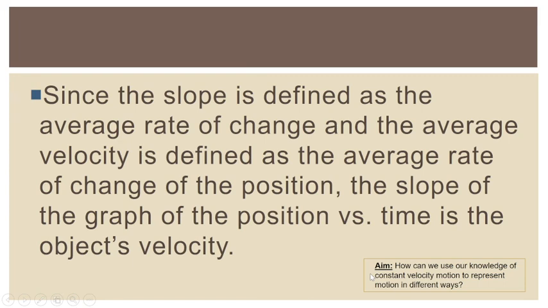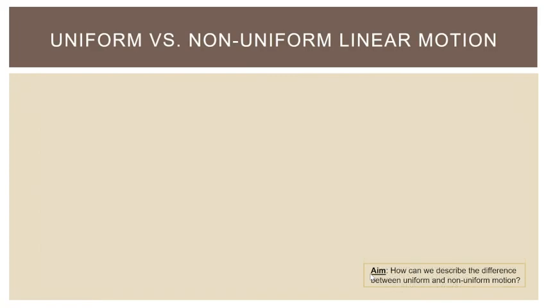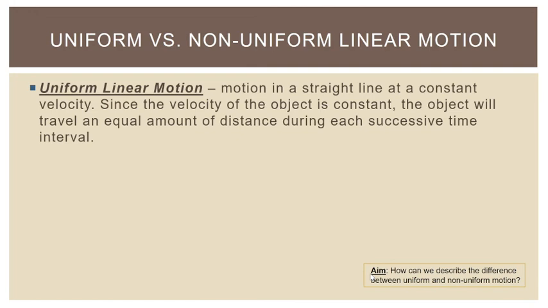We did not explicitly define this as such today, or any other day, but constant velocity motion is generally referred to as uniform linear motion. And so what we can say about uniform linear motion is motion in a straight line at a constant velocity.